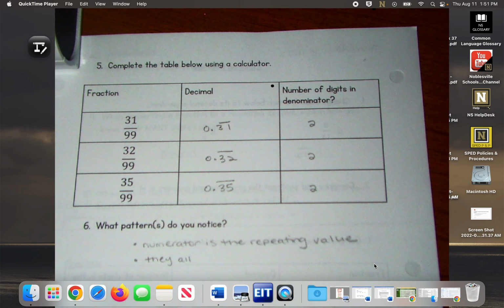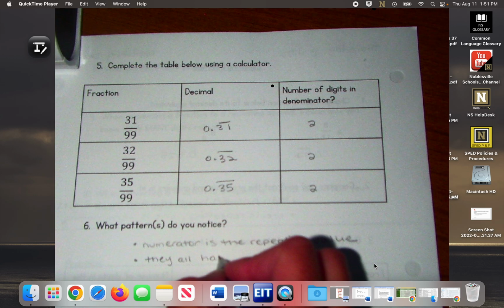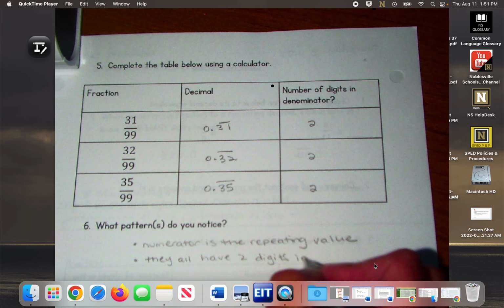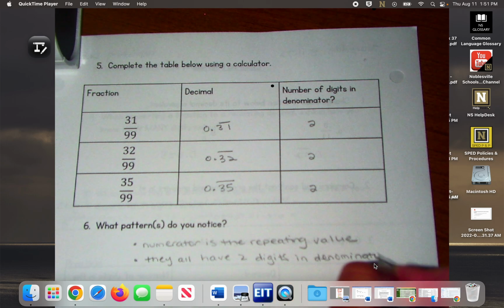They all have 2 as the number of digits in the denominator. Yep. Anything else we want to add to that pattern that we notice? What are the denominators? The denominators are all the same. Layla? 99.